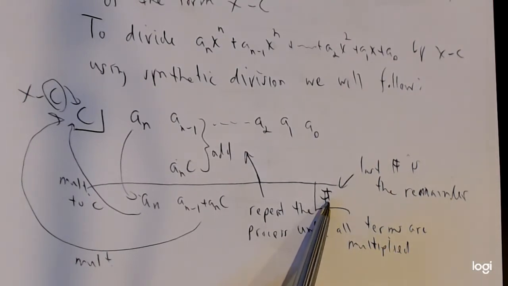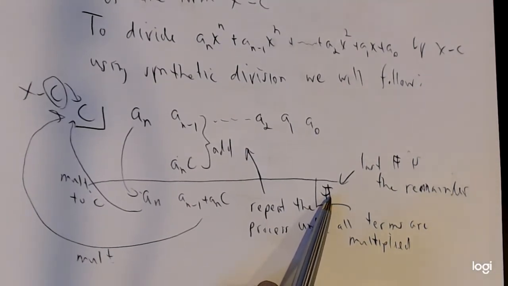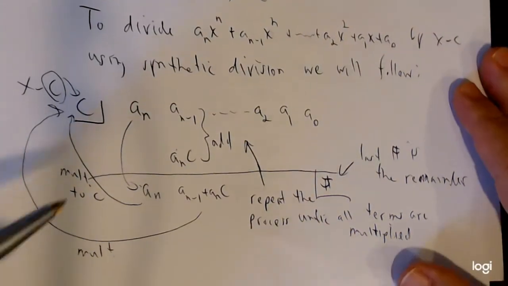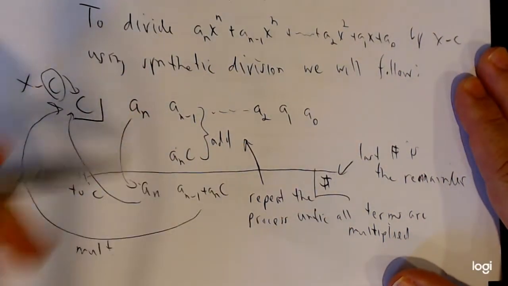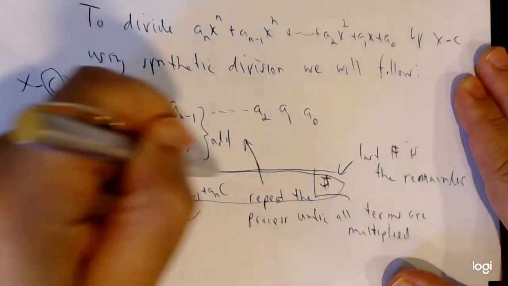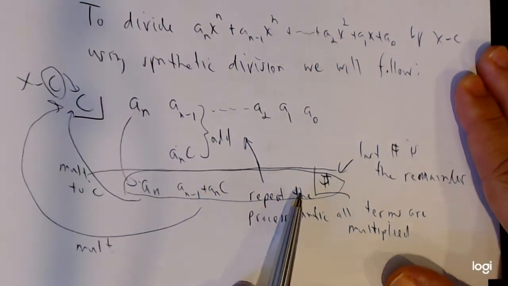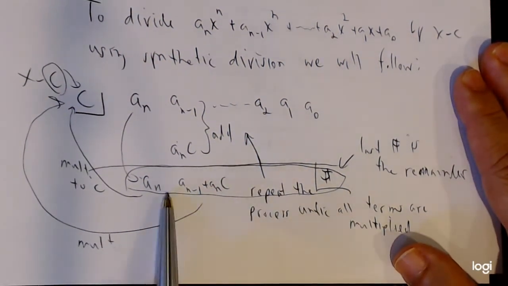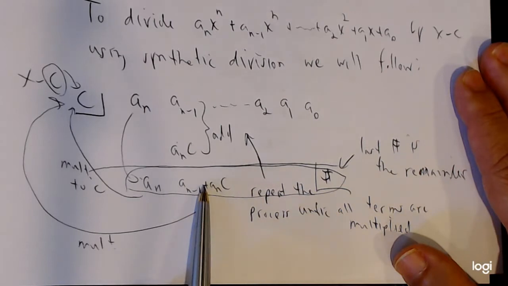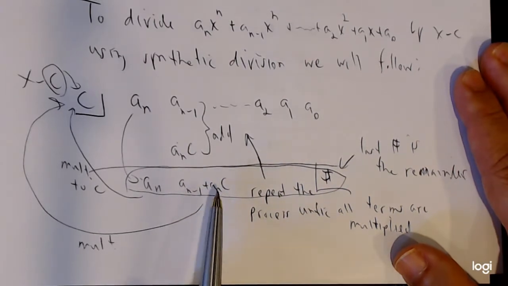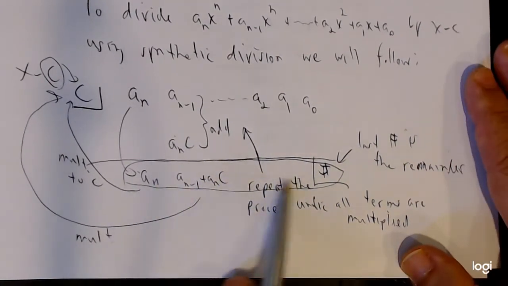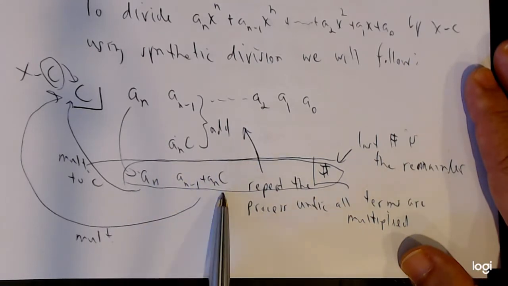If we get something other than 0, then we have a remainder. Okay? So then what you notice is by creating this process, on the bottom here, we get a bunch of new numbers. And what this is, these new numbers become the coefficients of a new polynomial. And what's nice about this is the new polynomial we have is just 1 degree less than the original.